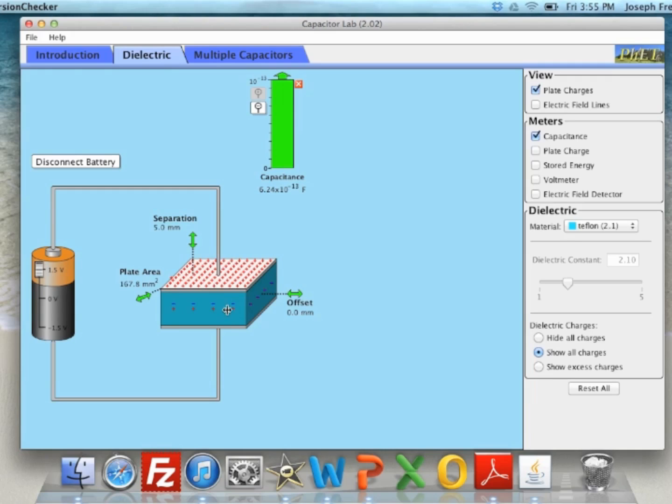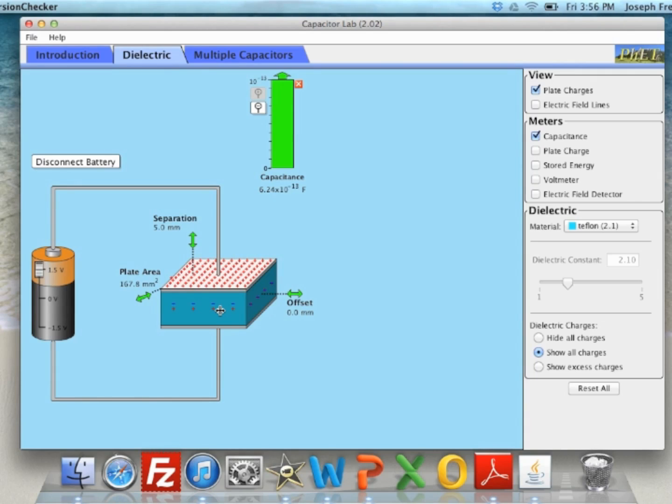And we can also look inside the dielectric and see that it has been polarized. So we've got some negative charge within the dielectric moving up towards the top, and some positive charge in the dielectric moving down towards the bottom because it's attracted to the negative plate.